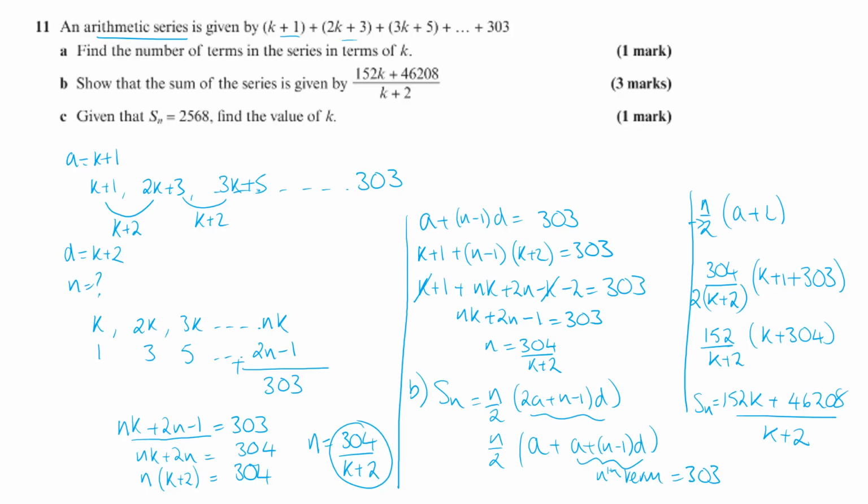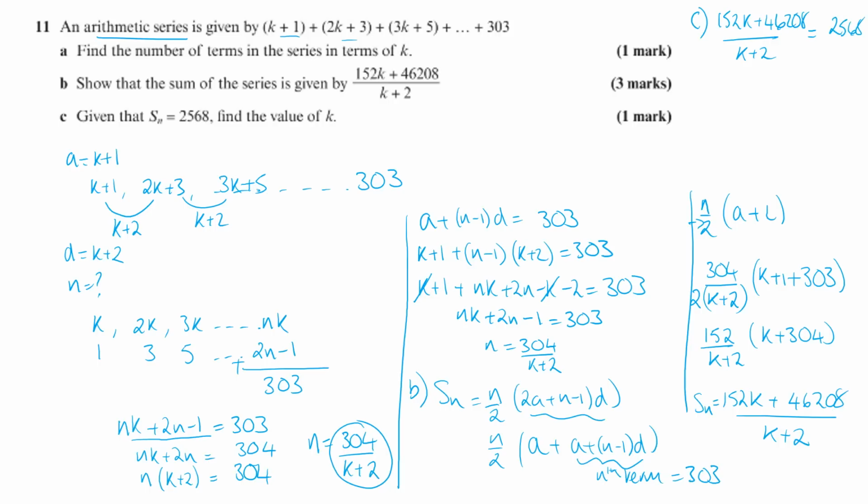So part C, I'll do that up here. Part C, given that the sum is 2568, we can say that 152k plus 46208 over k plus 2 is equal to 2568.